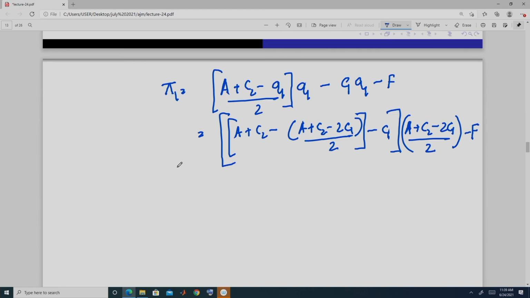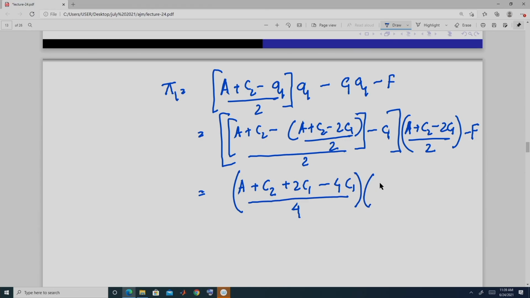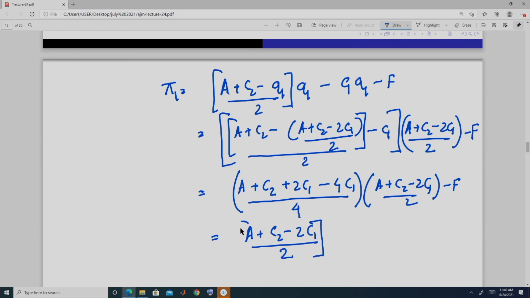Erase this. Because there is this 2. So, this whole thing is going to be, so this is the outcome in stage 1.